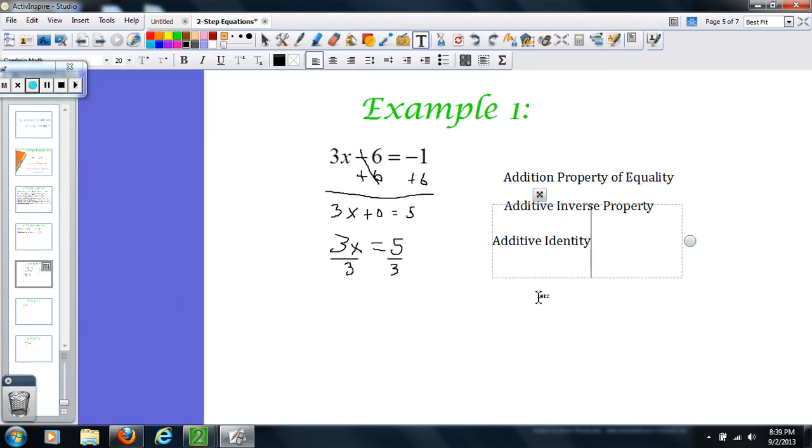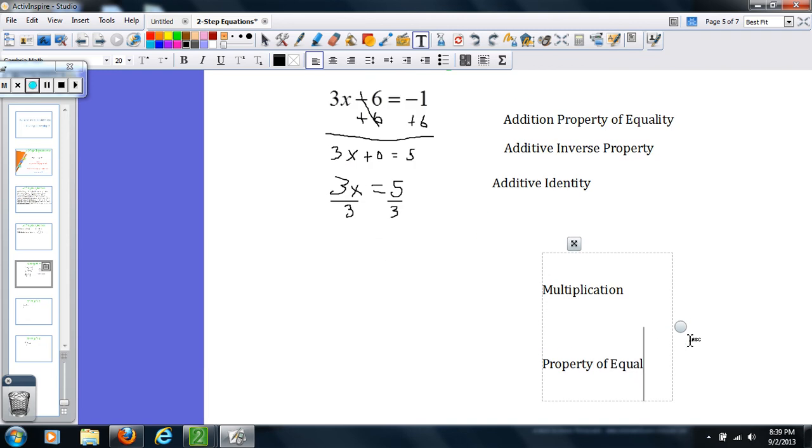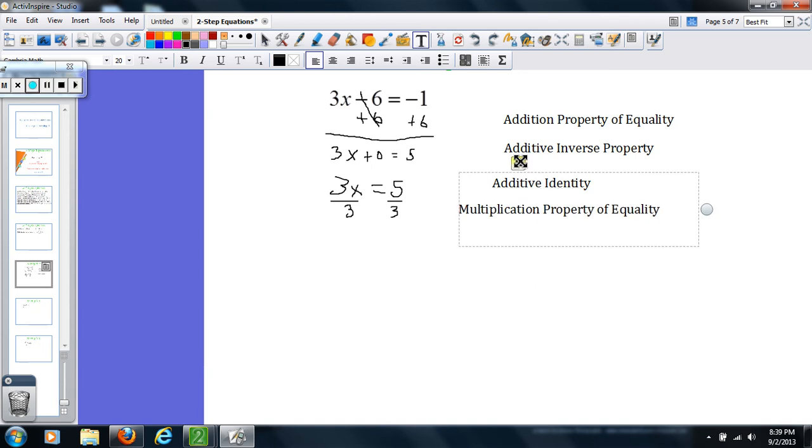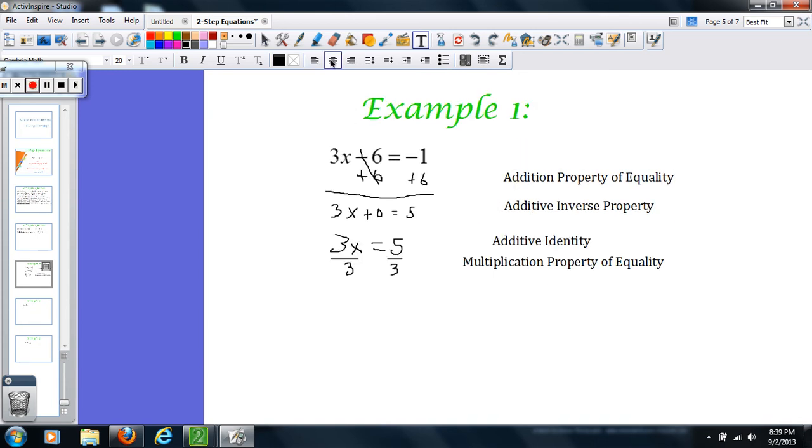And that is going to be the multiplication property of equality, and that goes with that step.